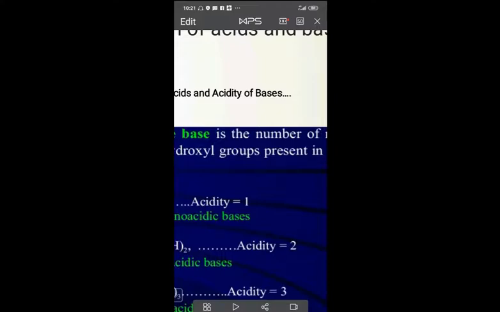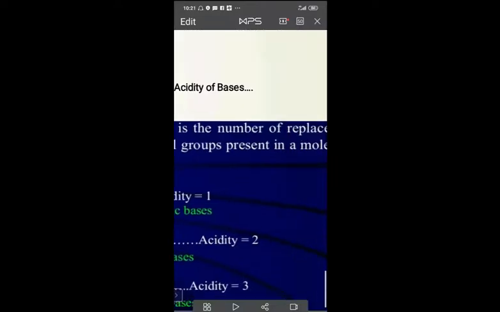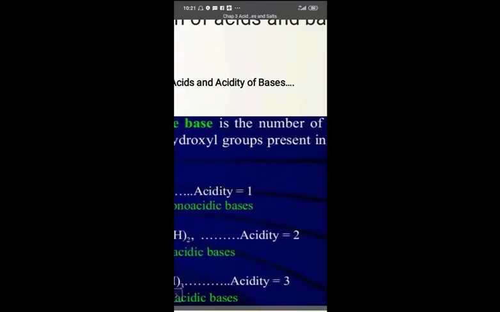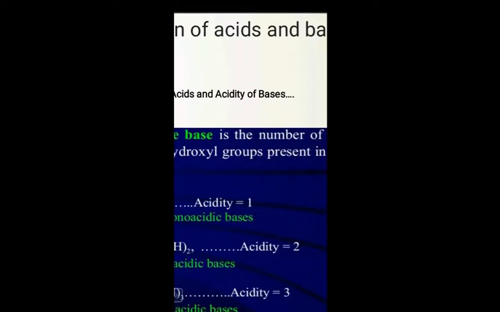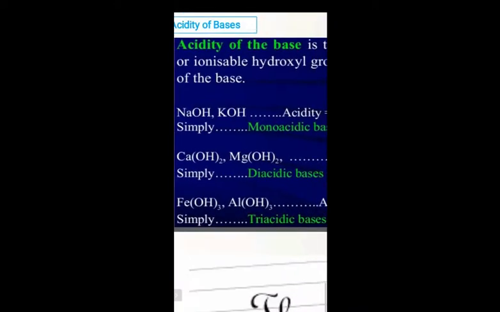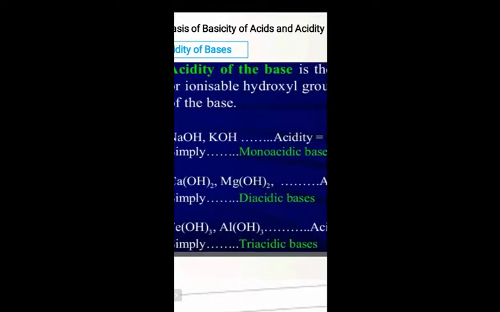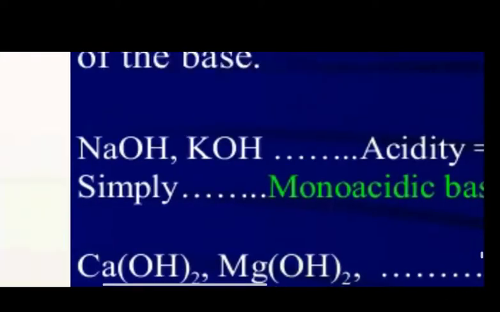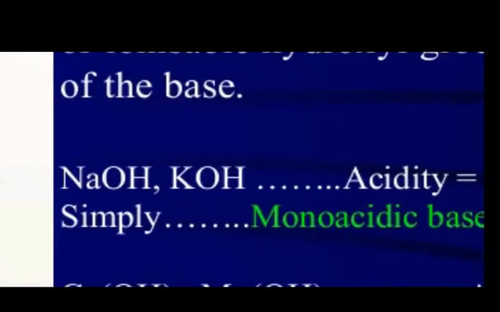Now let me go to the bases. Bases we can say are monoacidic base, diacidic base and triacidic base. A monoacidic base consists of how many replaceable hydroxyl ions?